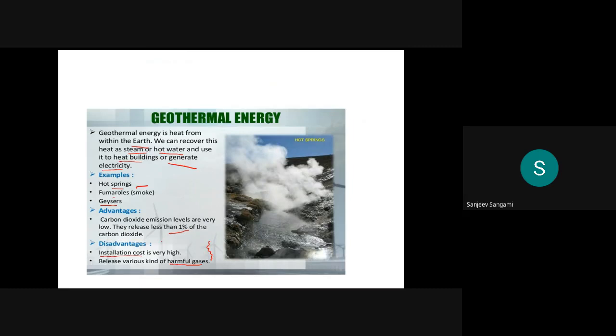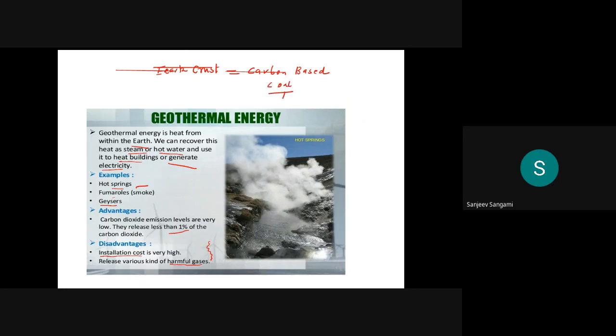We already know that the earth's crust consists of some carbon-based products like coal.